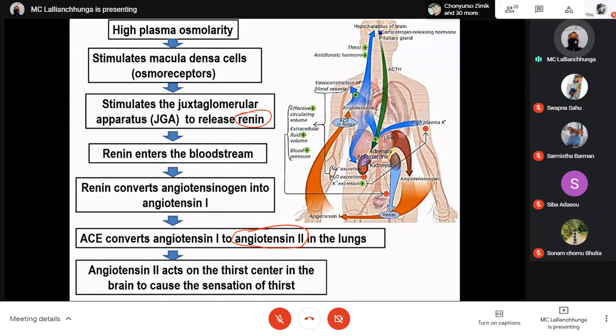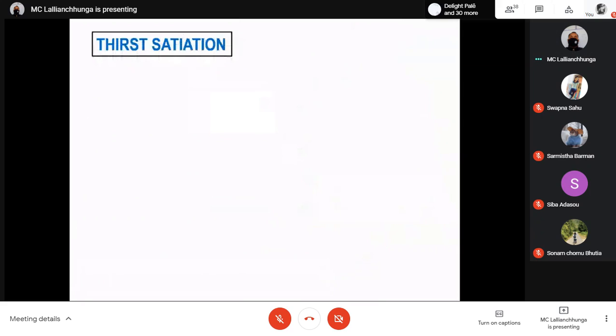So one function of angiotensin 2 is that it stimulates the thirst center to produce thirst sensation. So these are the two theories for induction of thirst.